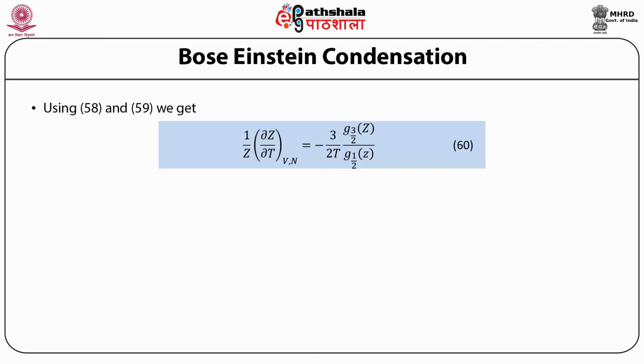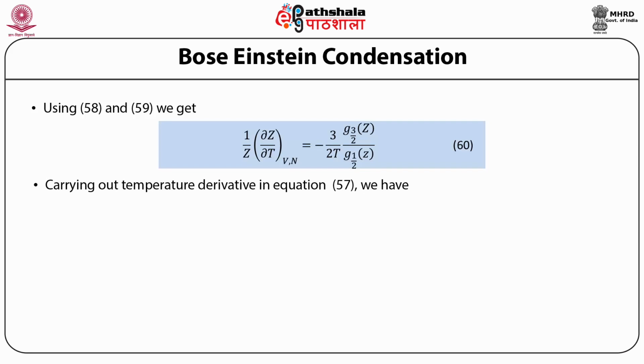Using 58 and 59, we get 1 upon Z multiplied by the partial derivative of Z with respect to T at constant V and N equal to minus 3 upon 2T multiplied by the Bose integral of order 3/2 divided by the Bose integral of order 1/2.